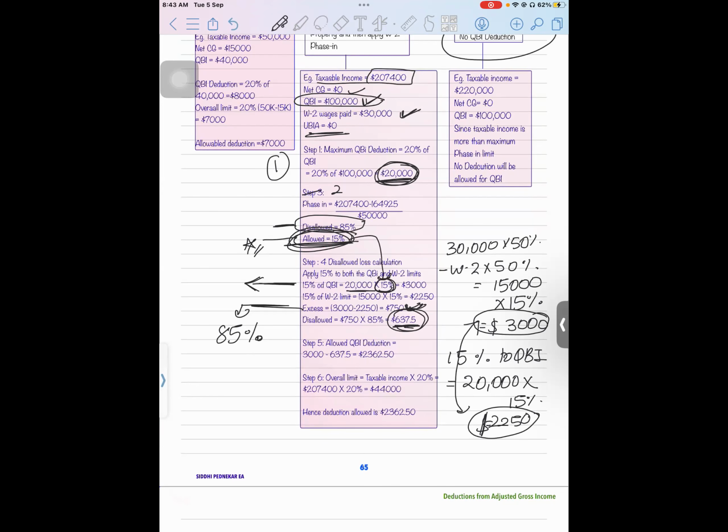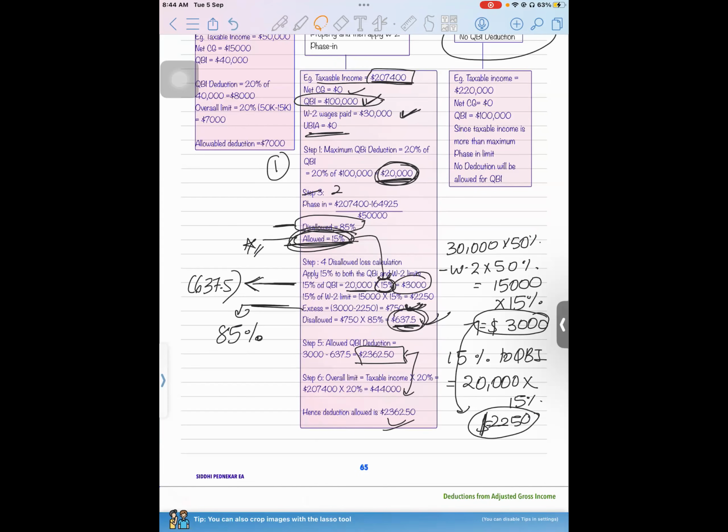Allowed, out of that, you're going to reduce 637.5, right? So 3,000 minus 637.5, that comes to 2362.50. This much amount, or 20% of your taxable income, that is 207,400 into 20%, whichever is lower, you will get the deduction. Got it? So this is a very complex double calculation in this thing.